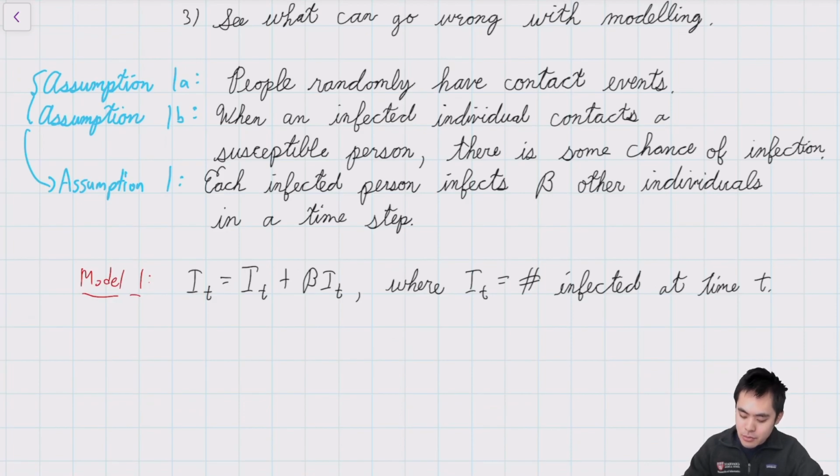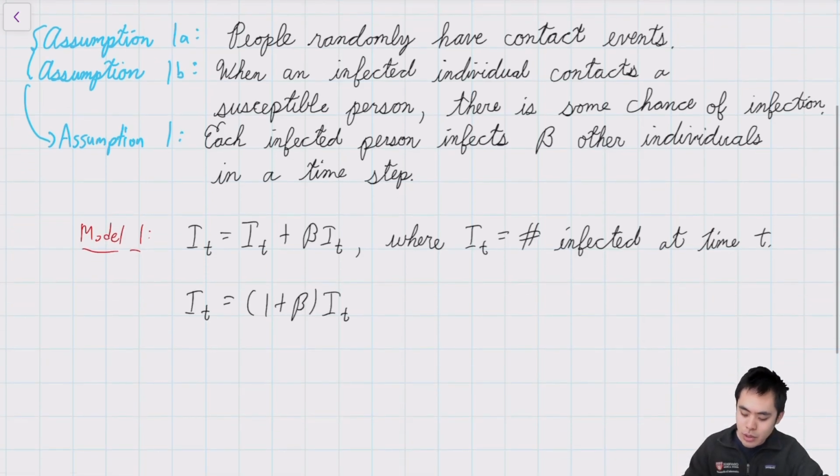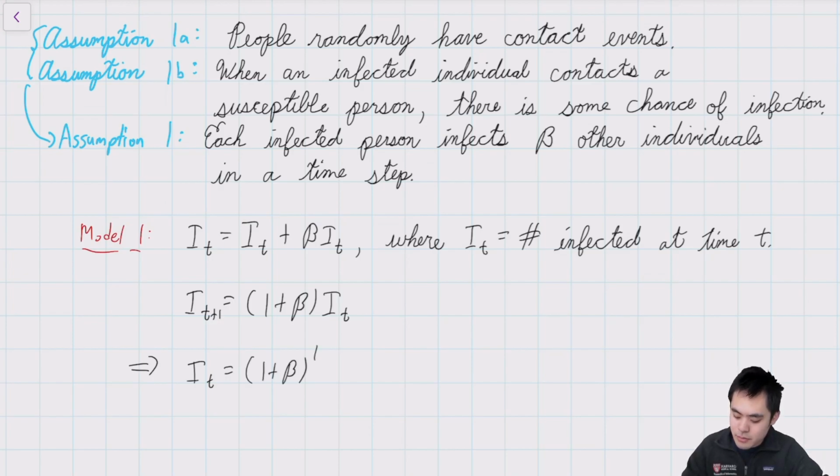Okay, so what happens now? Well, we can rewrite this pretty easily. So this is I sub t plus 1 equals 1 plus beta times I sub t. Well, then we know how to solve this. This is just a very simple linear first order difference equation. So this implies that I sub t is just equal to 1 plus beta to the tth power times I naught.